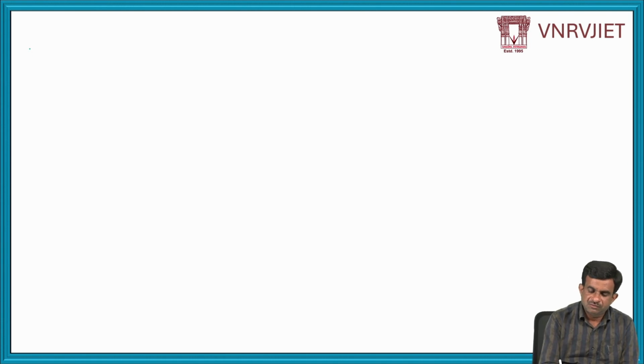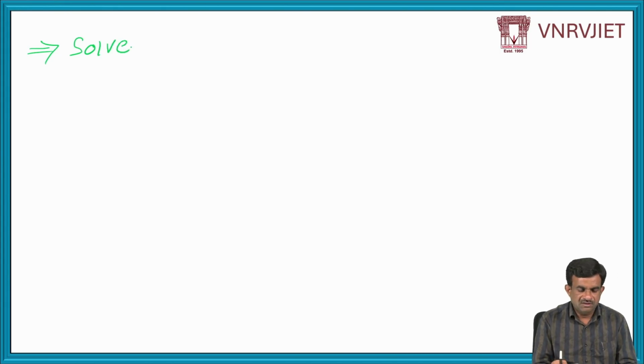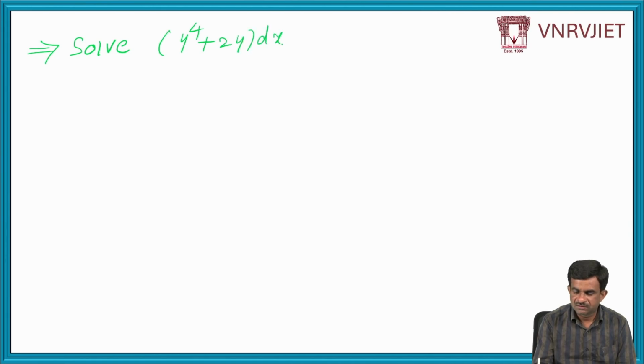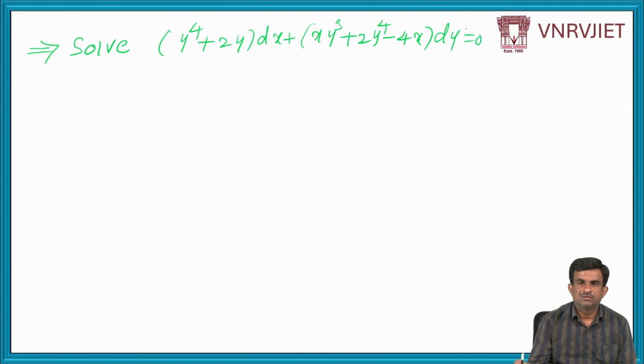To explain this method, let us take one more problem: solve the differential equation (y square plus 2y) dx plus (xy cube plus 2y power 4 minus 4x) dy equal to 0. This is the given differential equation.